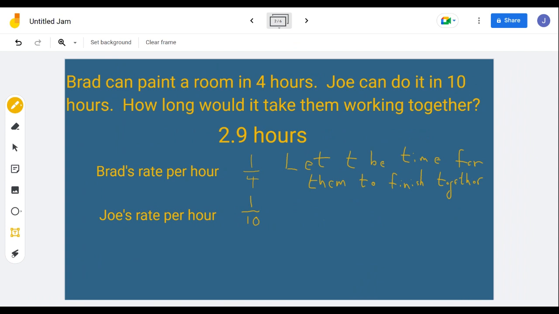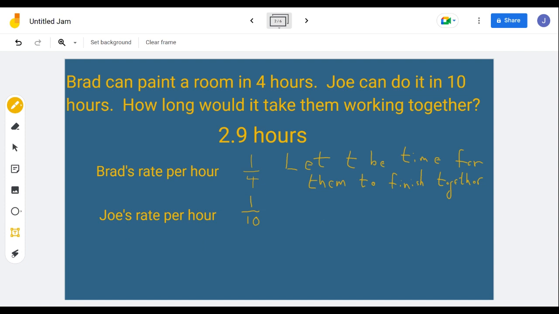If you think about these two people, Brad's rate per hour: if he can do the room in 4 hours, then he can do a fourth of the room in 1 hour. And if Joe can do the whole room in 10 hours, then he can do a tenth of the room in 1 hour.